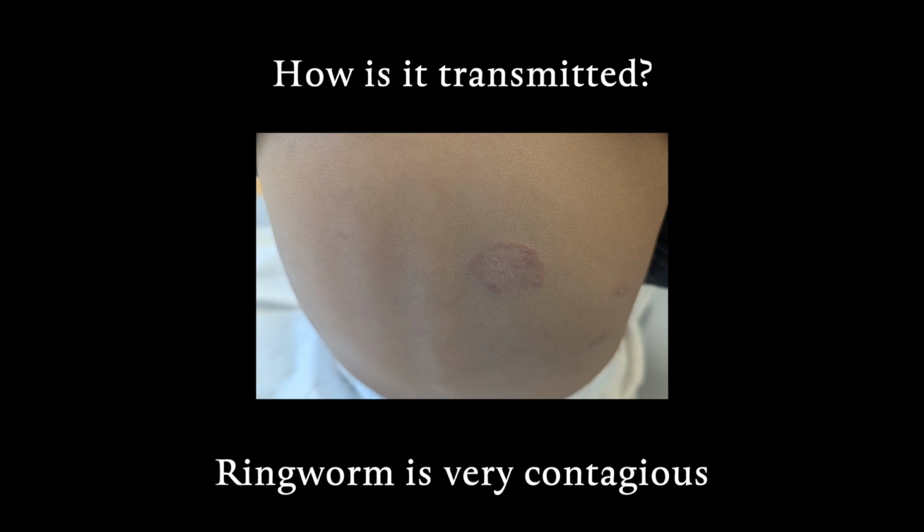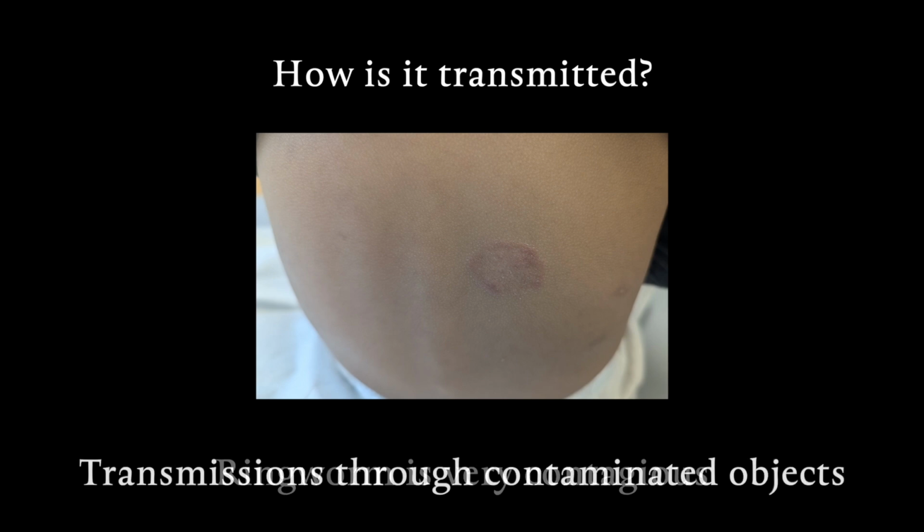Or somebody can get contaminated if they were to put their hands or forearms on a table occupied by someone with ringworm who left the fungus on the table or other surfaces, sharing towels, rags, and so forth. And also there could be outbreaks in schools, in classes, in daycares, and so on and so forth.